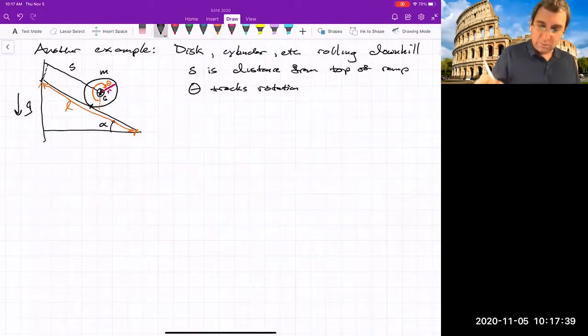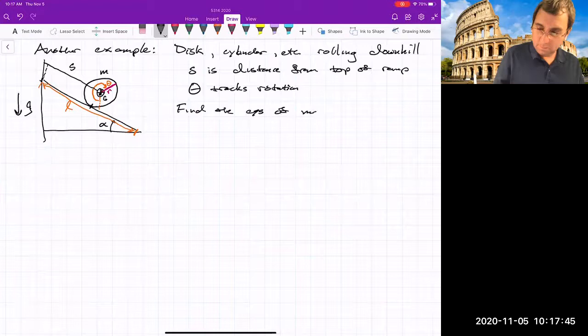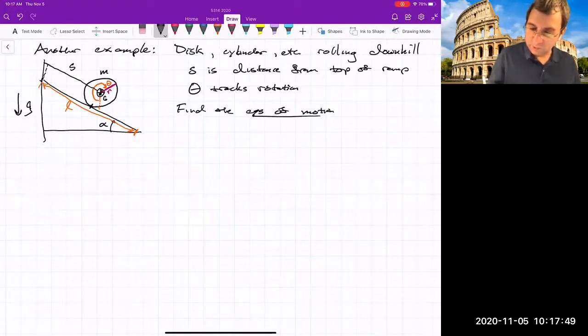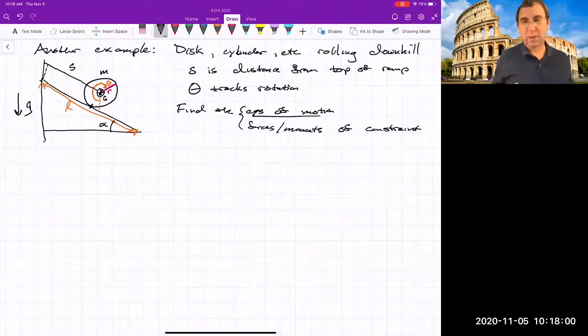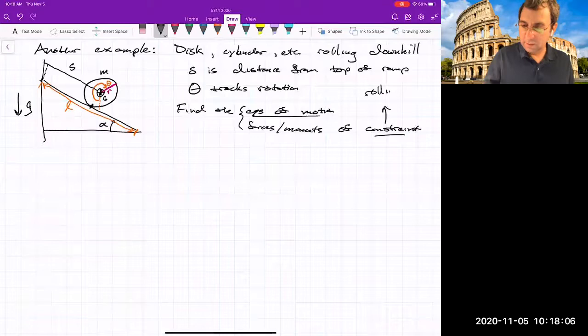So let's find the equations of motion. We want to find both the equations of motion and the forces, and because it's a rigid body, the moments of constraint, just so that we get some practice doing that. So what is the constraint? The constraint here is that it's rolling without slipping.